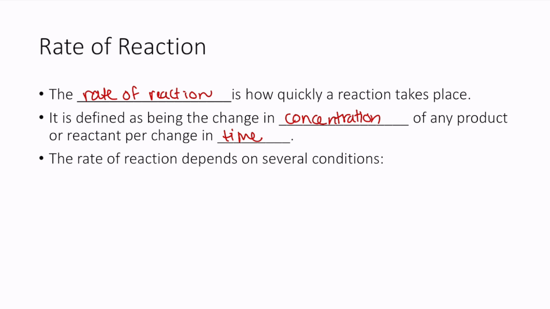And the rate of the reaction can depend on several conditions. So it can depend on temperature. Remember, if we increase the temperature, our molecules can move faster, which means there's going to be more energy in those collisions. We can manipulate the concentration.